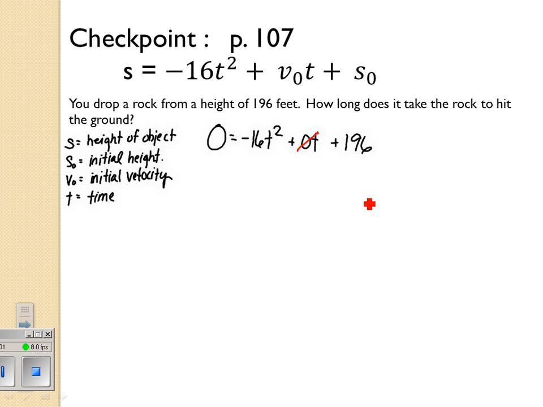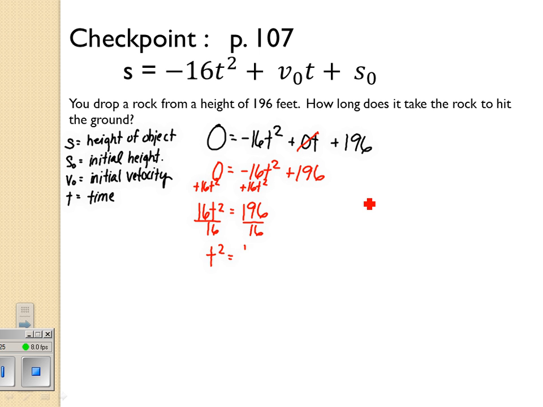0 times t is 0. So we're looking at 0 is equal to negative 16t squared plus 196. Let's move that 16t squared to the other side. Now it's a positive 16t squared equals 196. And let's get rid of our coefficient, divide it away.